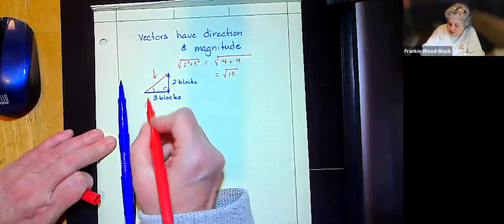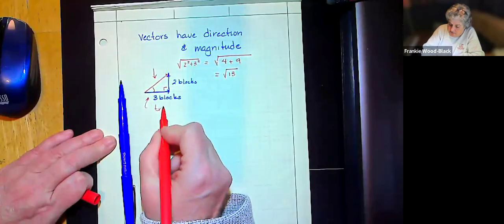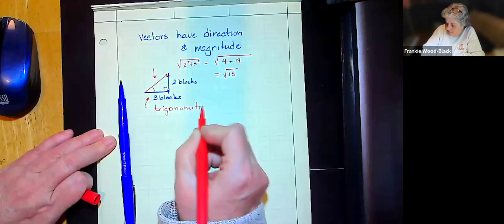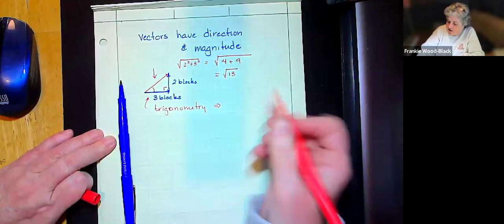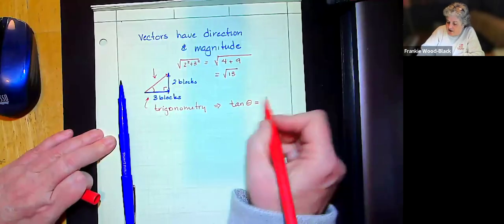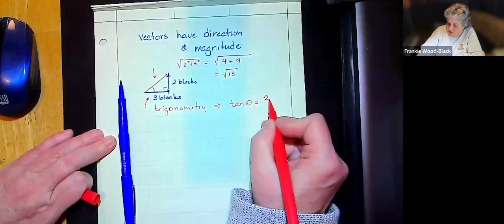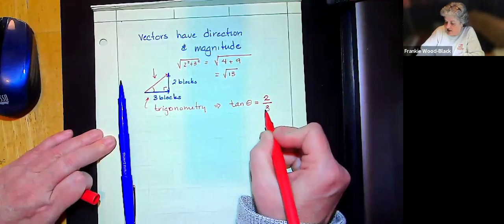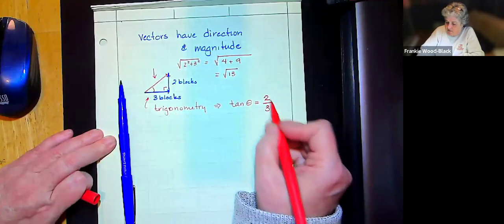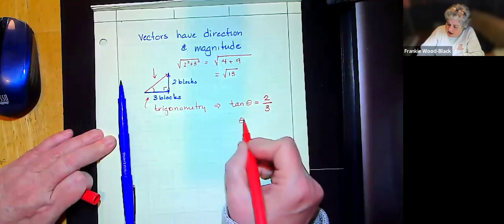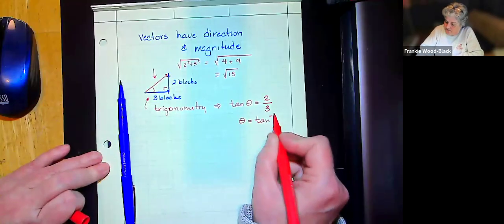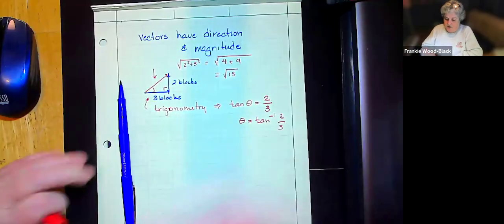And then I can use my trigonometry to calculate the angle. The tangent of that angle is going to be the opposite, 2, divided by the adjacent. Did I do that right? No, yeah, opposite divided by adjacent. So my angle is going to equal the arctangent of 2/3.